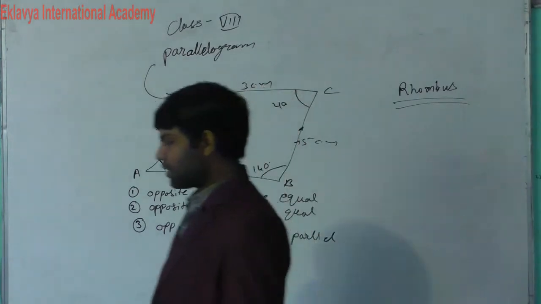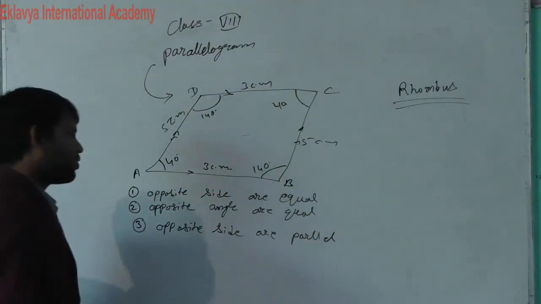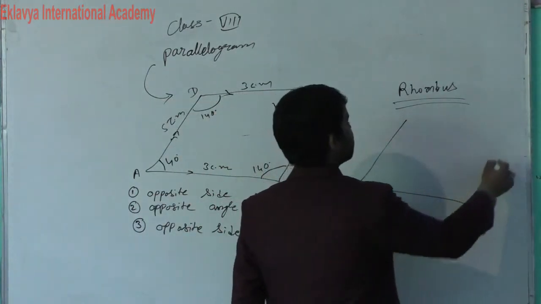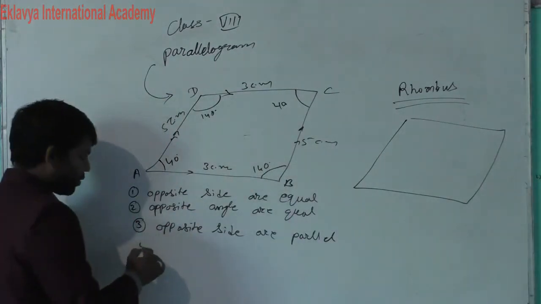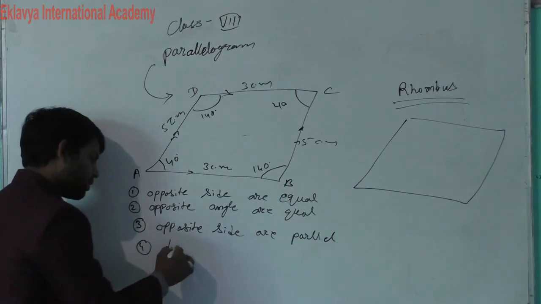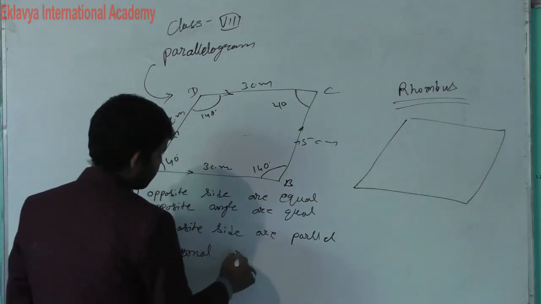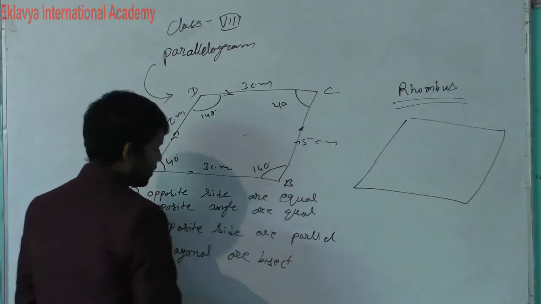So in the rhombus we also have the same properties of a parallelogram. The fourth property of a parallelogram is that diagonals bisect each other.